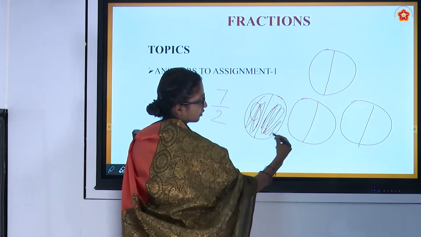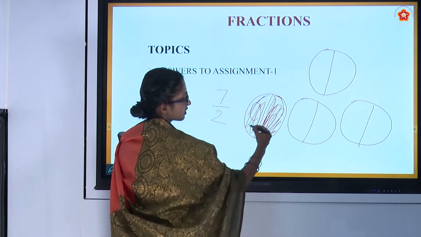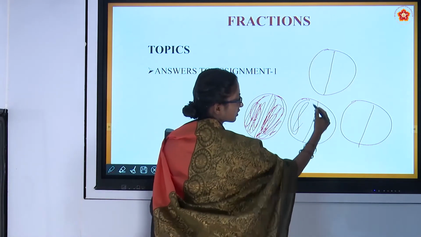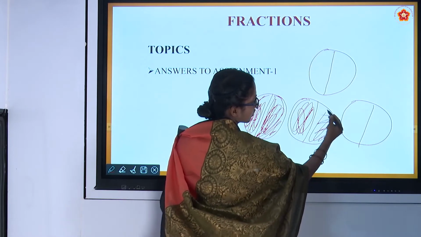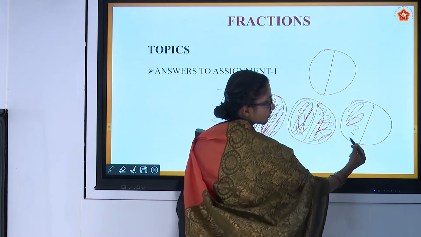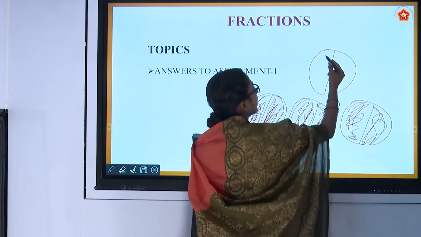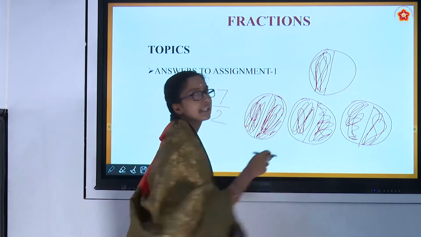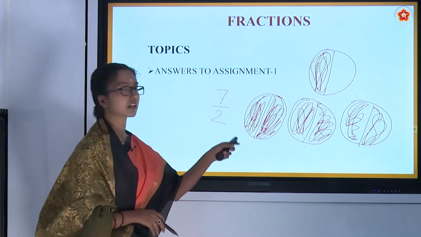It needs to be completely shaded, but just for your understanding, I am showing 2. Third part. Fourth part. Fifth part. Sixth and seventh. Means one part is left over. So by drawings we can understand like this.